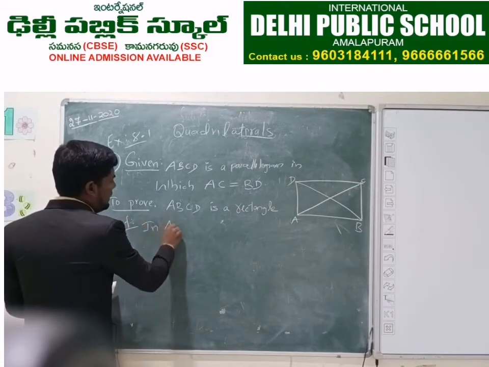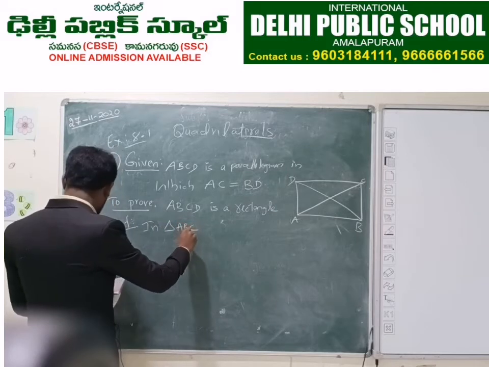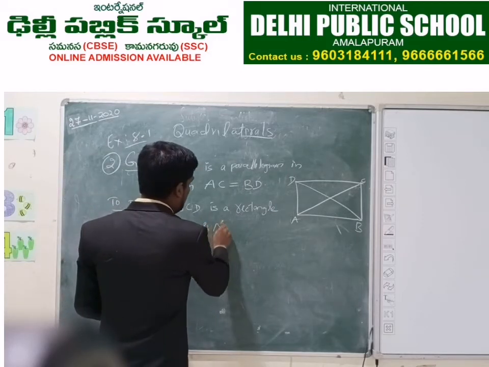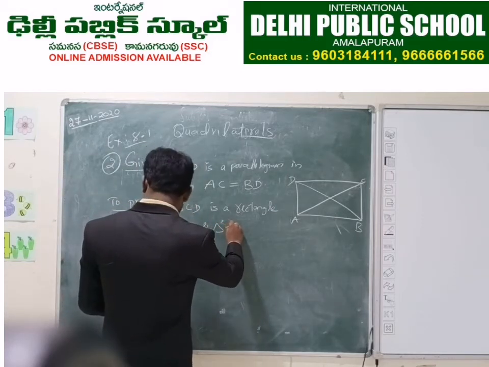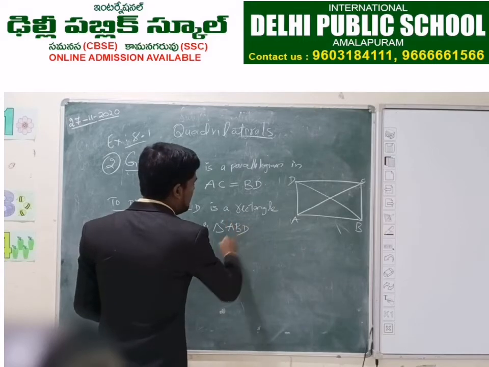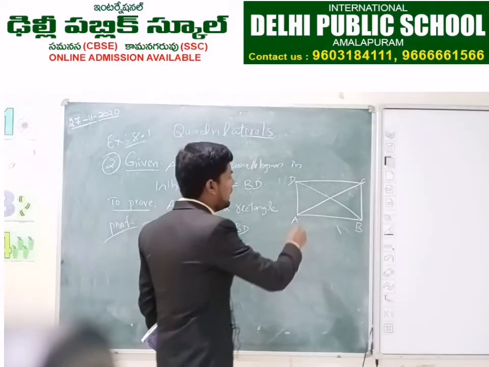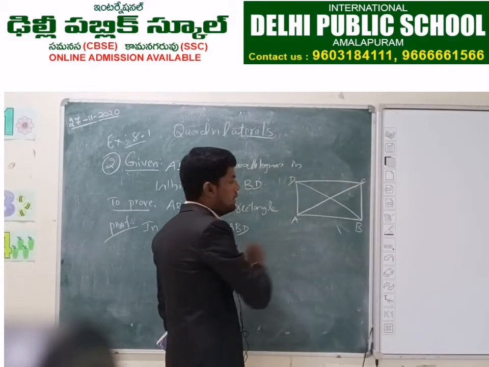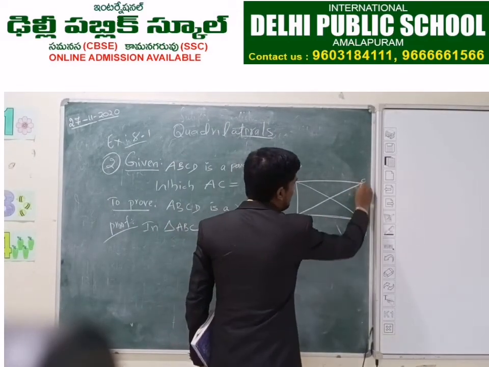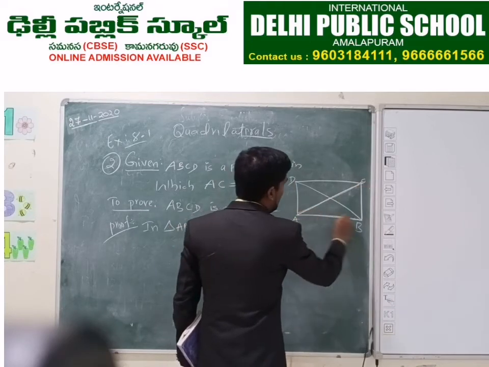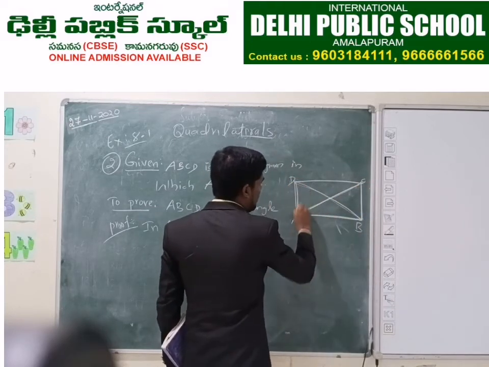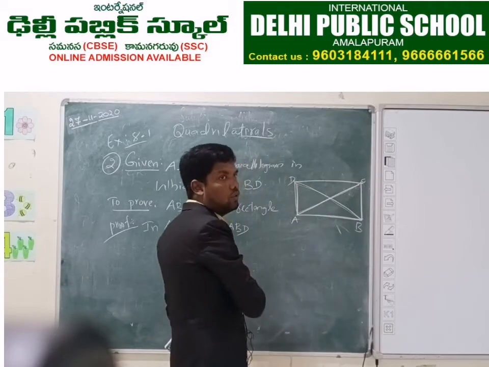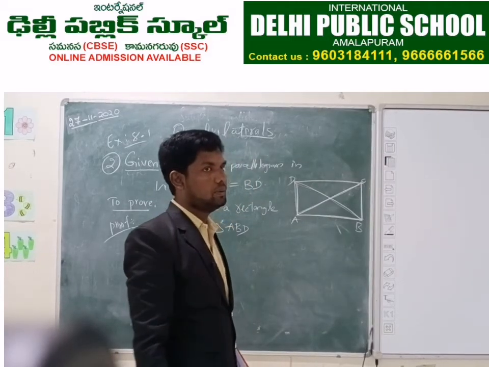In triangle ABC and triangle ABD. Okay. See here, if we take triangles ABC and ABD. This is ABC. This is ABD. Okay. So what are the things that are common here?